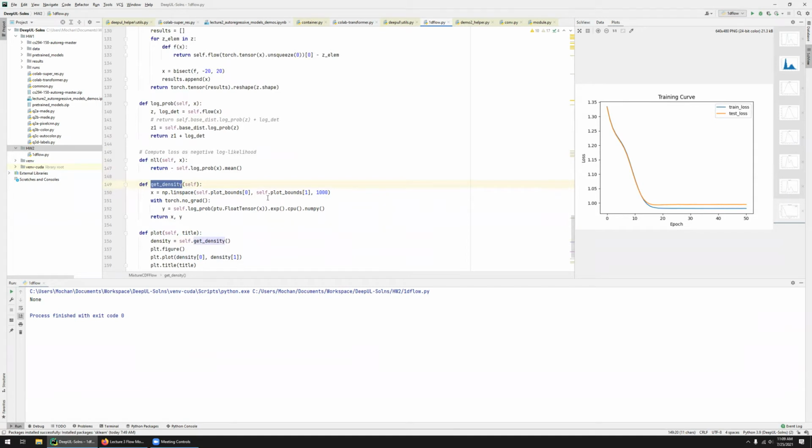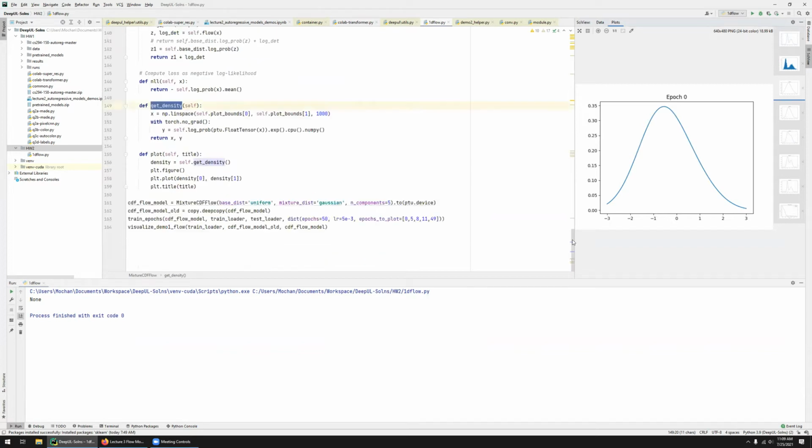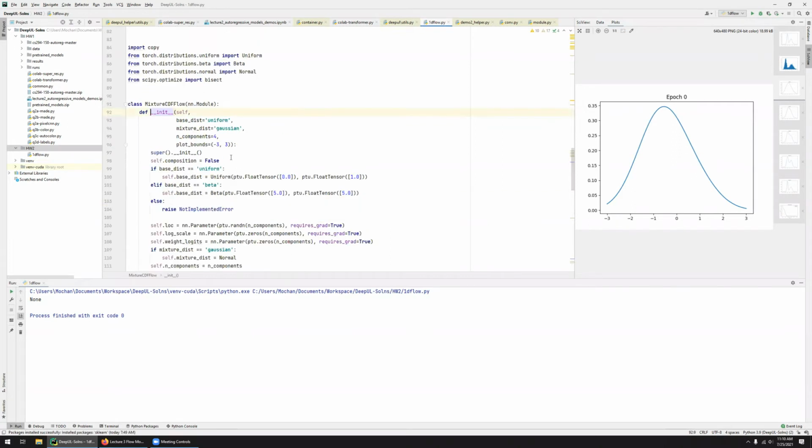Here we are taking the plot bounds. This is one of the parameters. I think plot bounds is -3 to 3, right? It's here somewhere. Yes, -3 to 3.